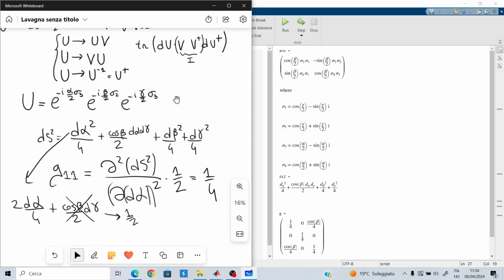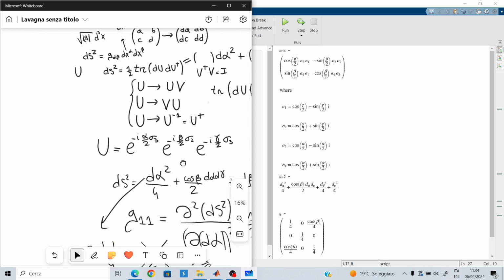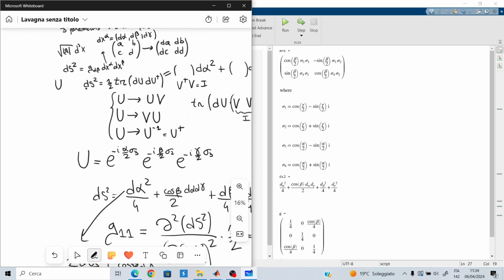And it's easy to see that this is the correct answer, because ds squared can also be computed from here. And so in this case, we are interested in the 1,1 element. So when we expand this expression, summing over alpha and over beta, the 1,1 element will multiply dx1 squared.